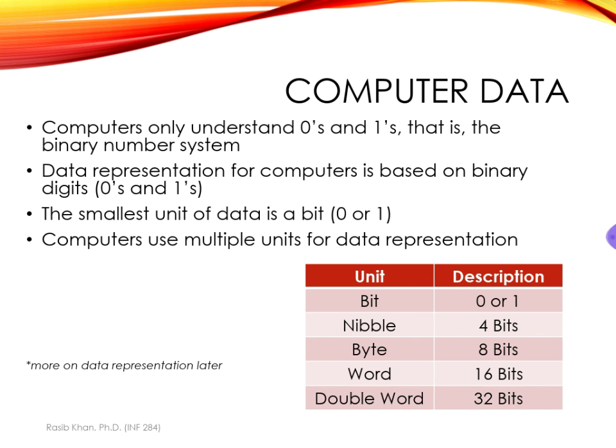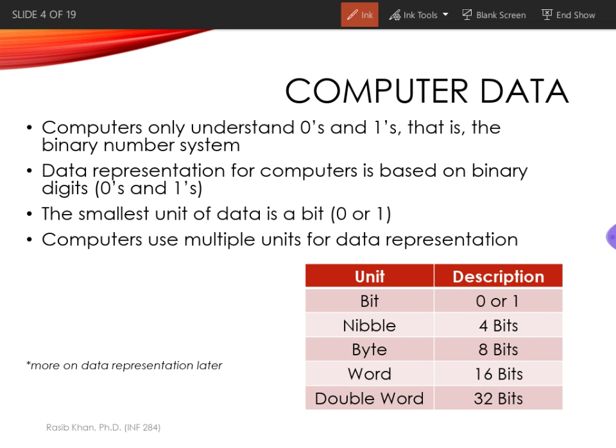So to understand how computers communicate, we first need to understand what we understand as computer data. Computers only understand zeros and ones, which is basically the basis of the binary number system.